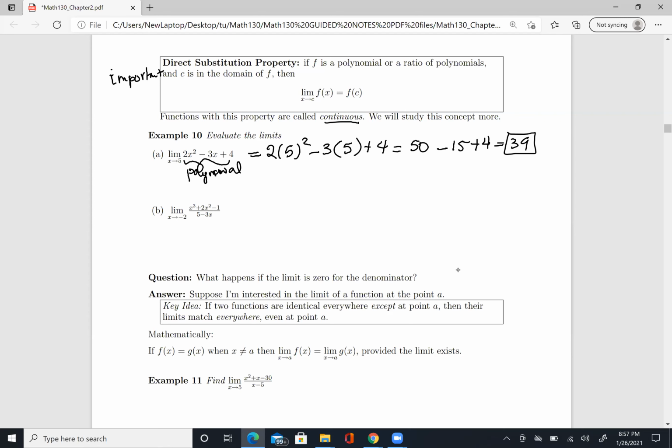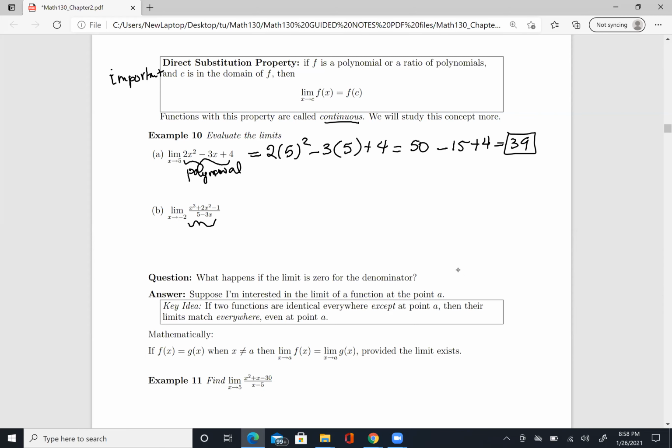Now take a look at the next one. I have the limit of x cubed plus 2x squared minus 1 divided by 5 minus 3x. What is this?